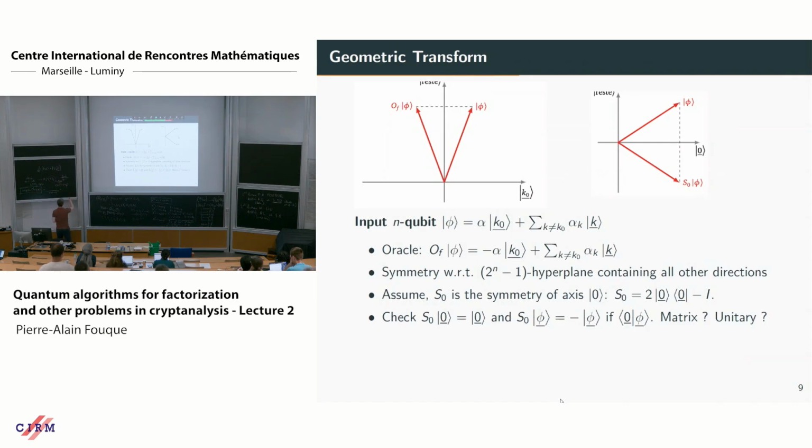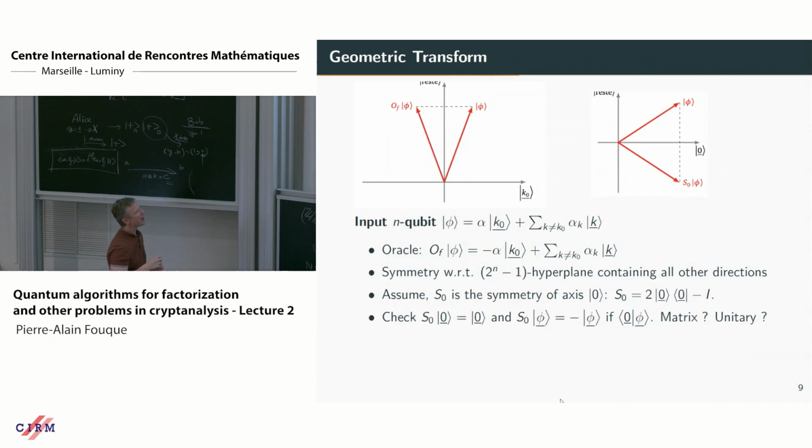It's just these matrices. So you have -1, you have 1 everywhere, except for the value k0 here. But in this symmetry, all values will be changed except the value k0.